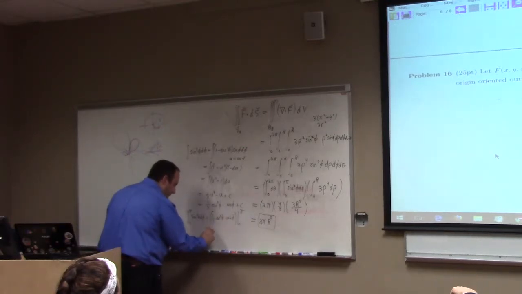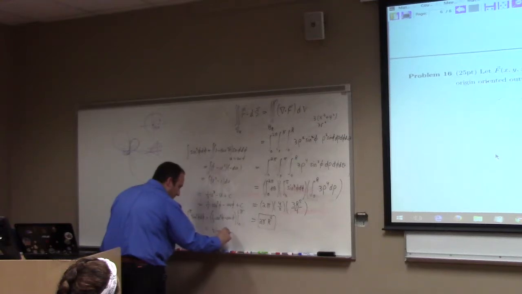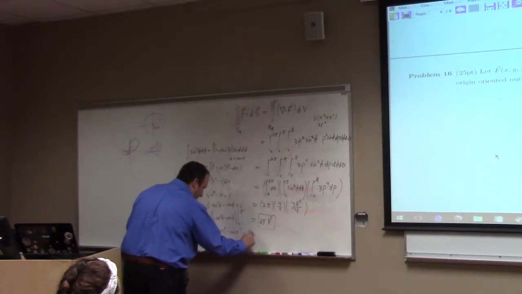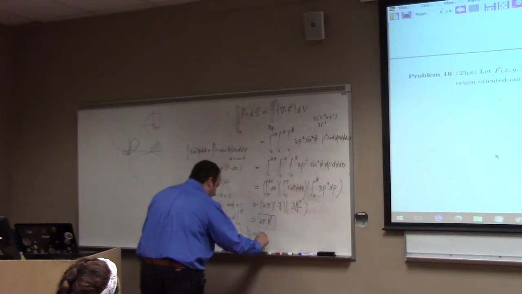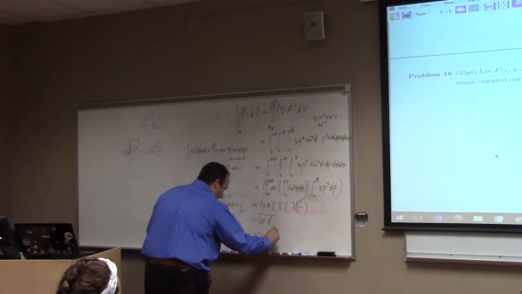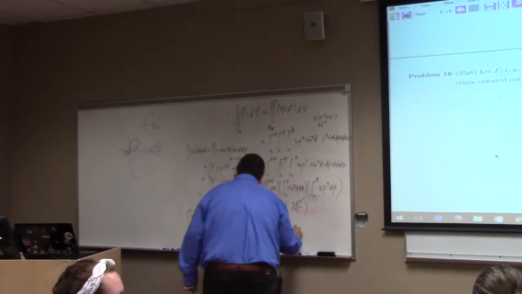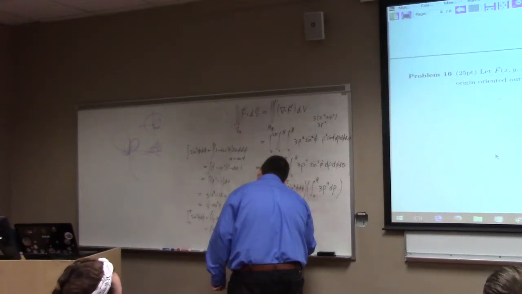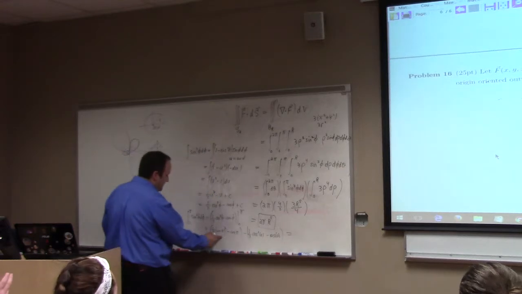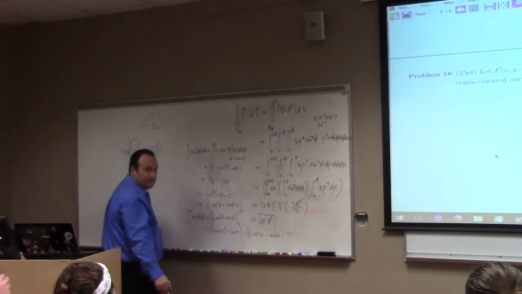We get 1/3 of cosine of pi to the 3rd minus cosine of pi, minus 1/3 cosine cubed of 0, minus cosine of 0, which, by the way, is, sorry, this is minus 1/3 plus, what is it?